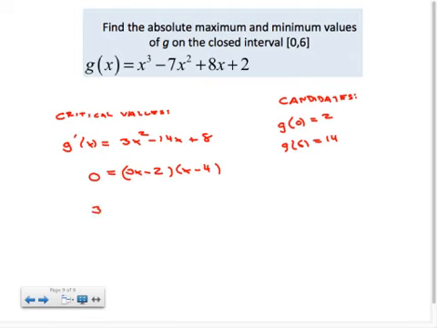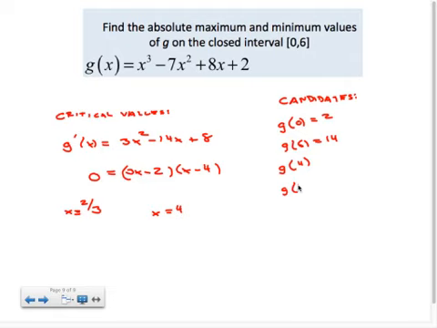Good. So this means that 3x minus 2 is 0, which means x equals 2/3 is a critical number, and x equals 4 is a critical number. So those are the other two places we need to check, and that's it. That is our exhaustive list, which is a lot better than trying to test every possible point, which is impossible.